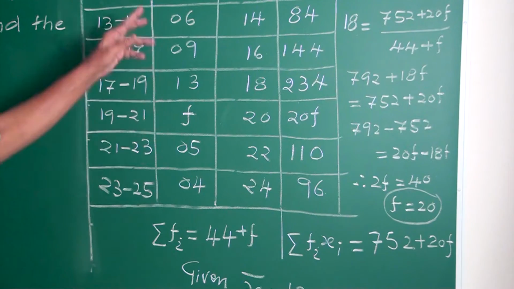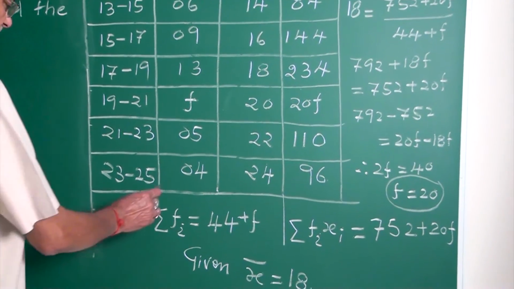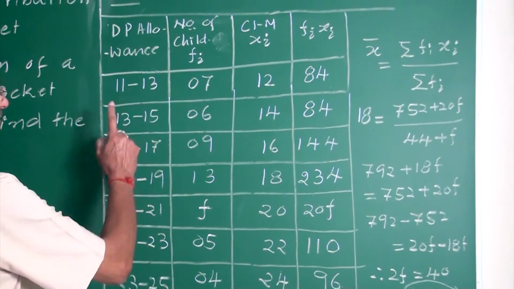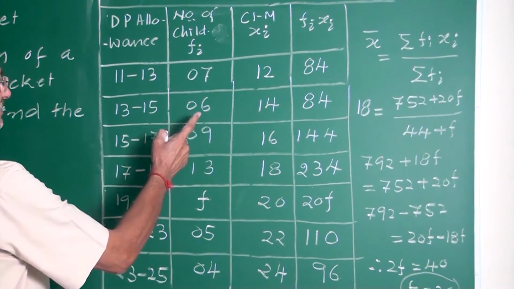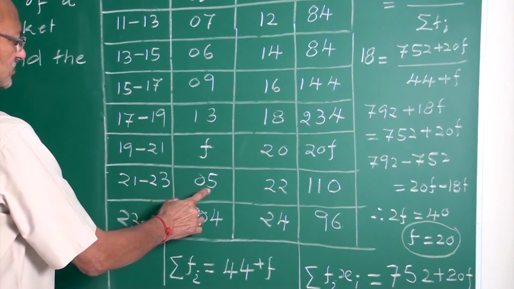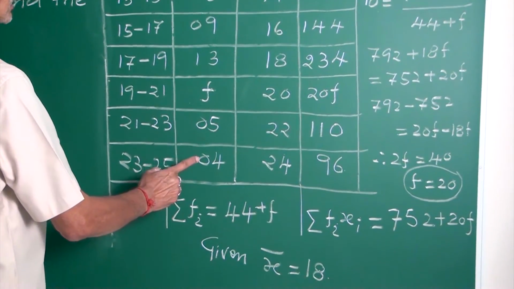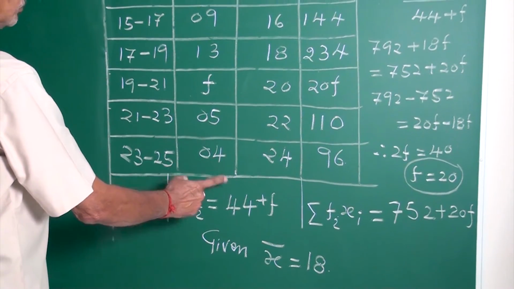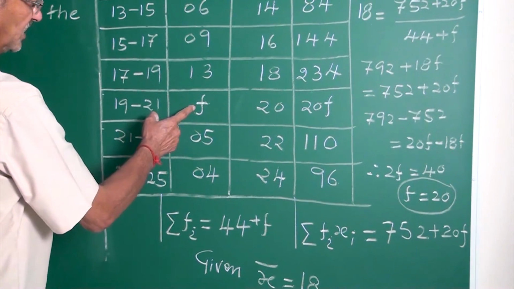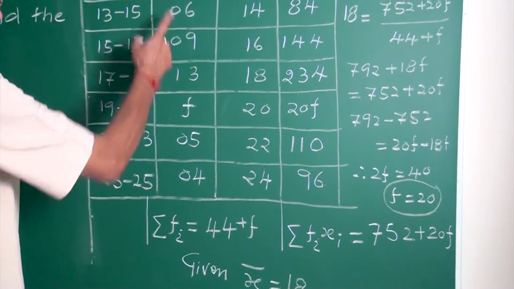Next, my friends, you have to go for sigma Fi. You have to add all these: 7, 13, 22, 25, 30, 34, 4. 3 plus 1, 4. 44 plus F. This is sigma Fi.